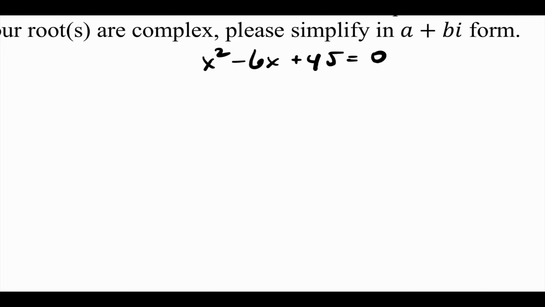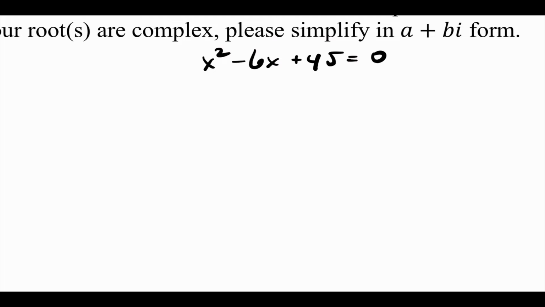Step 2, factor out a GCF. Is there a GCF between the 3 terms here? Is there a number I can divide them all by? No, it doesn't look like it, besides 1.